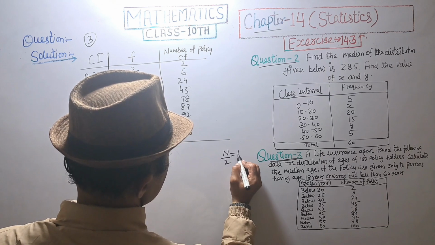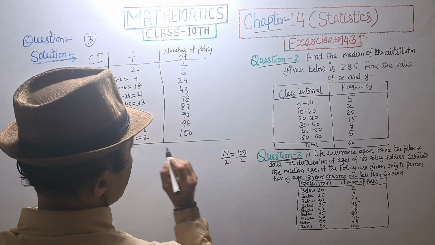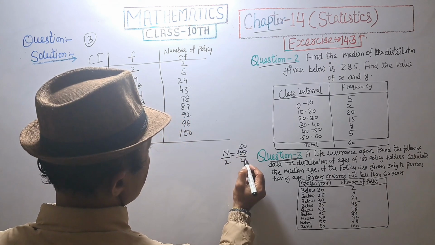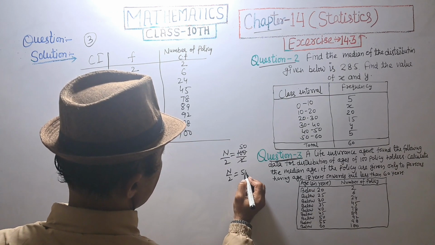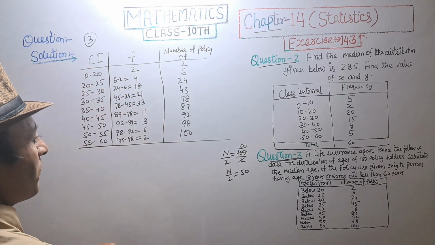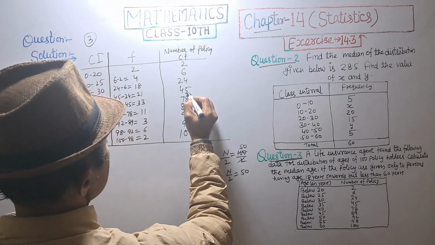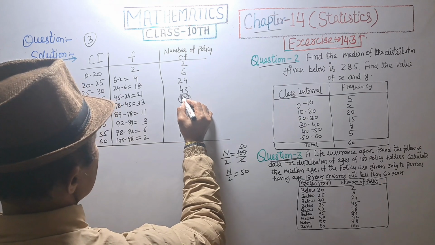N by 2 means 100 by 2. N is 100, 100 divided by 2, so N by 2 is equal to 50. And 50 lies in cumulative frequency here.